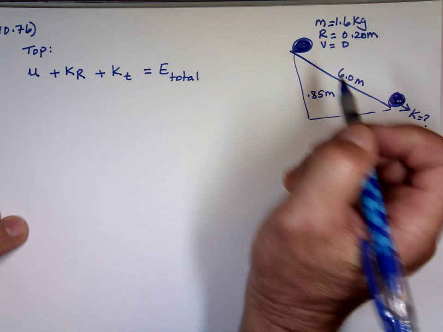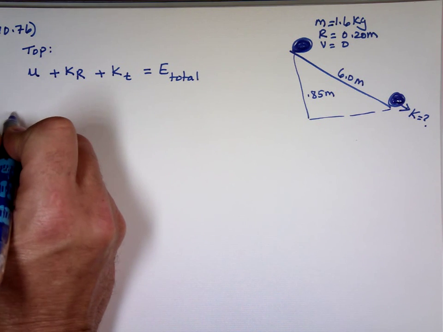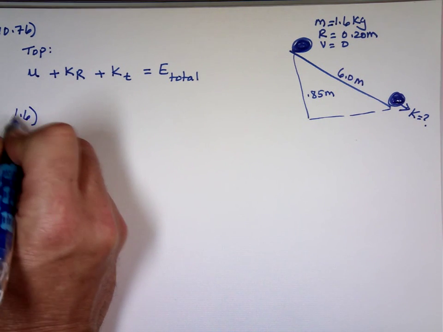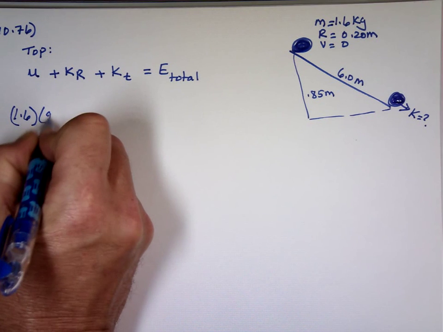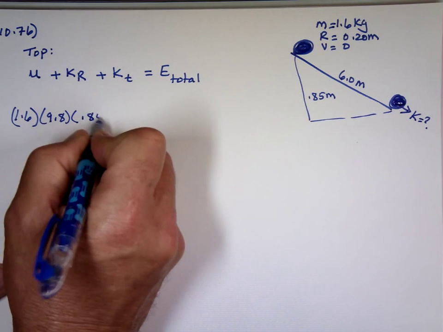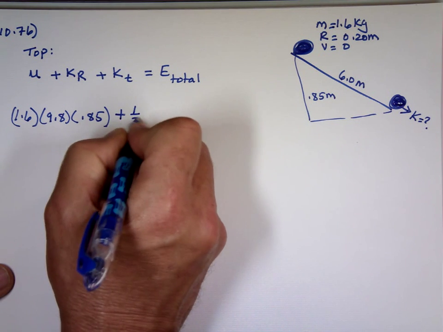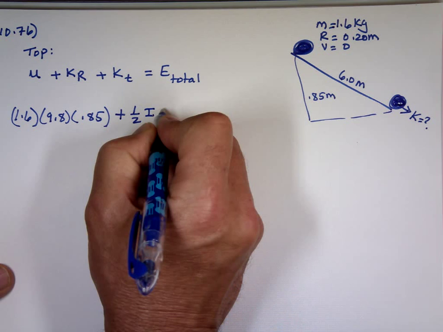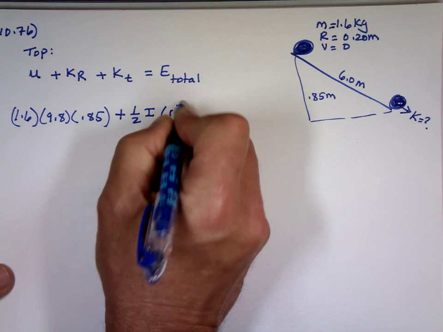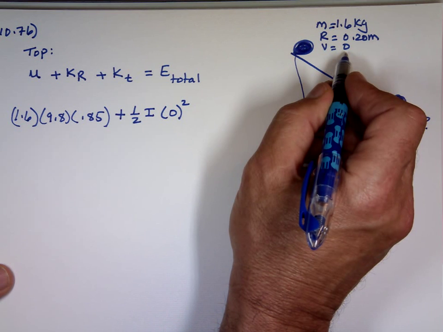Now, the potential energy is the mass, gravity times height. 1.6, gravity 9.8, and the height is 0.85. Kinetic energy, 1/2 I times W squared. W is 0. Initial velocity is 0. It wasn't moving, wasn't spinning. It was at rest.